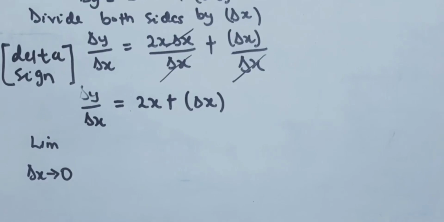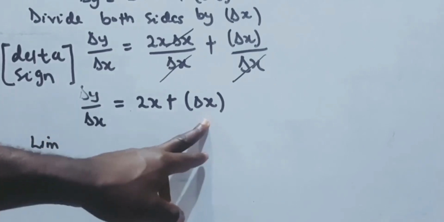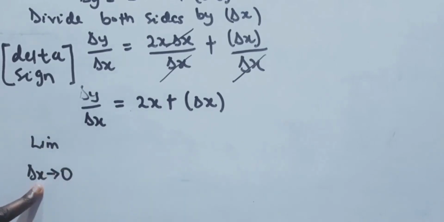And you know what we did when we were looking for our limit? Any variable that we say is tending to 0, we insert that number the variable is approaching into our function. So in this case, change in x here is replaced by 0.